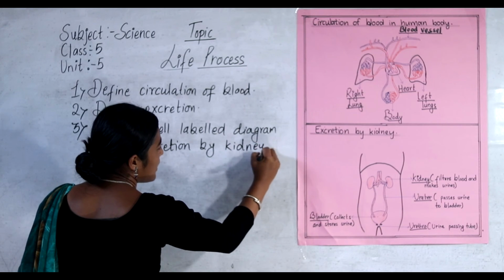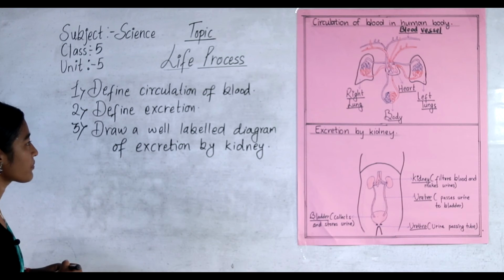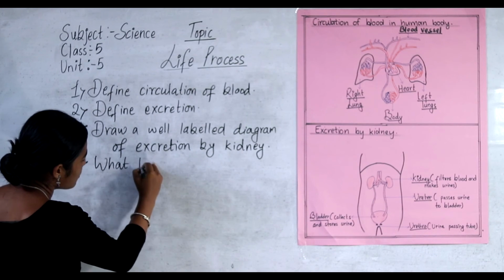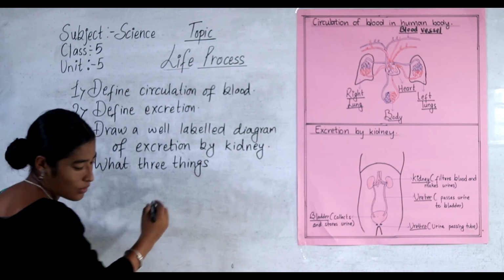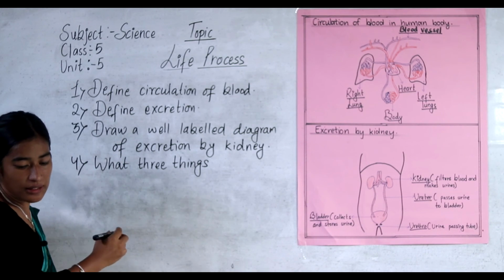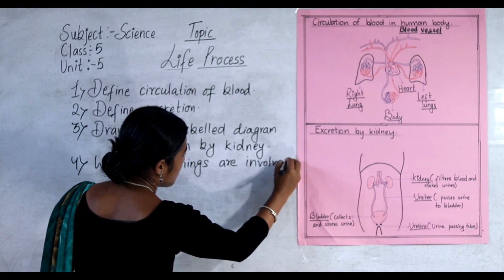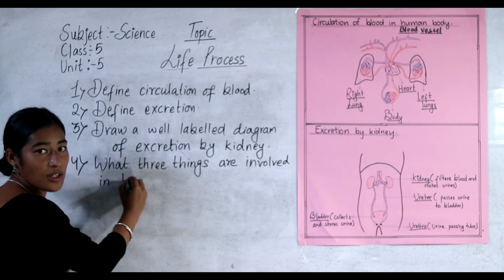You have to draw it and you have to label it, okay? Label it also. Then the next question is: what three things are involved in blood circulation?